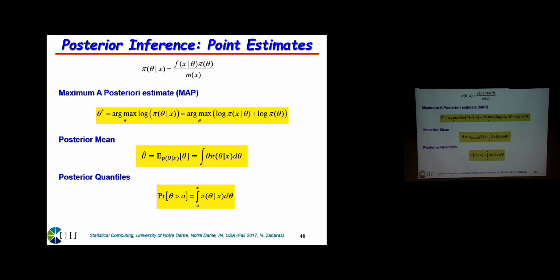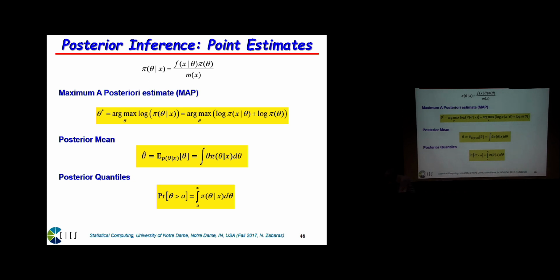For example, you can ask what's the probability that theta is greater than some value, let's say 0.5. The only thing you have to do is integrate the posterior from 0.5 to infinity. So when it comes to point estimates, this is what you need to remember: MAP, posterior mean, posterior quantiles. And when we start talking about Monte Carlo methods, we will abandon all of this and work directly, in an implicit way, through the posterior distribution and figure out how to get samples from there.